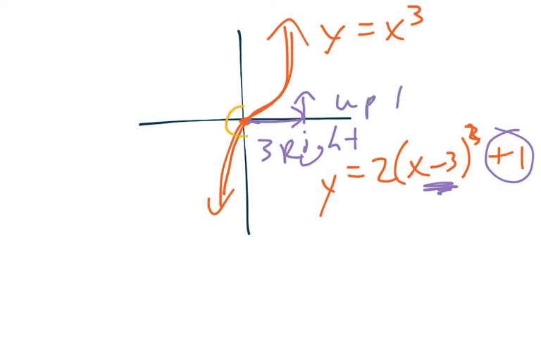Follow the yellow: it's not really a vertex, it's an inflection point, but the center of the graph actually moves 3 to the right, 1 up. And if you watch the video, you notice the graph now looks something like this. In other words, it just moved 3 to the right and 1 up. And that's basically, hopefully, what you're being taught right now in IM3.